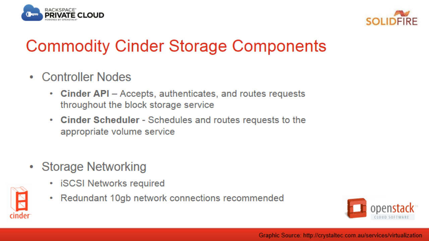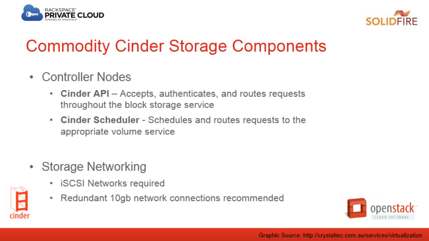And on that controller node, there are a couple of services that run. One of them is a Cinder API. That is, again, the endpoint with which you would interact with OpenStack to provision Cinder block storage. And then there's also a scheduler service, which is used to assign Cinder volumes if you have multiple Cinder nodes serving out that block storage.